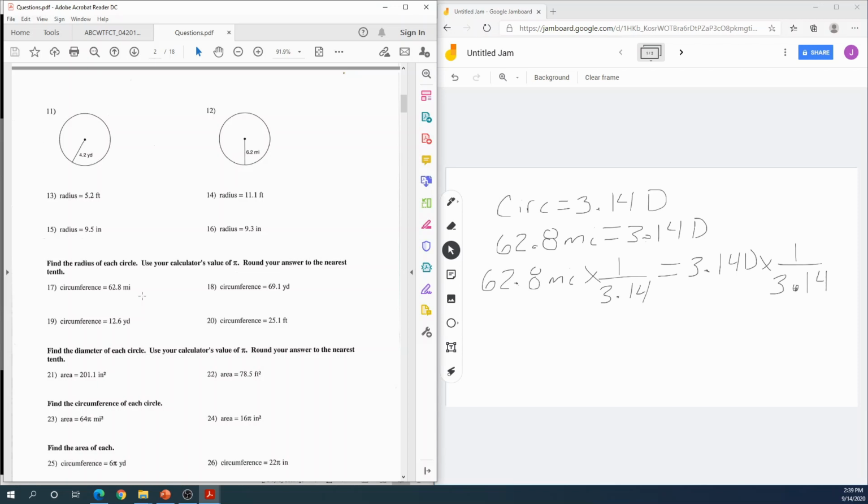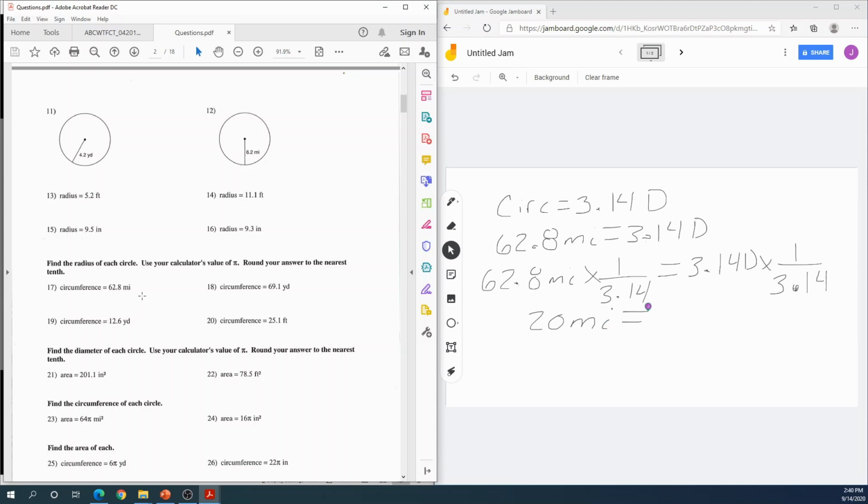I'm breaking this out because as we work on more complicated problems in the next hour or so, you'll see that we're going to be tracking units, and this is a very clear way to keep track of everything. So 62.8 divided by 3.14 is equal to 20 miles.